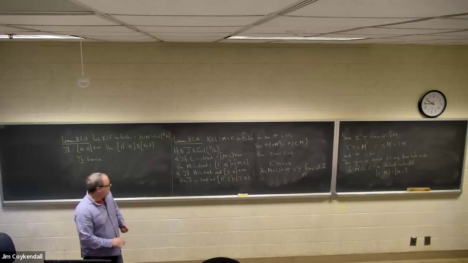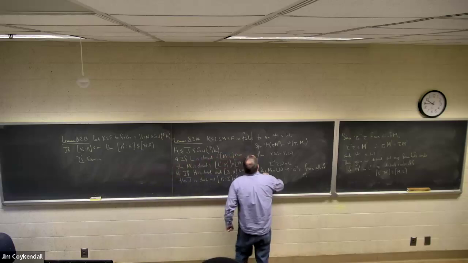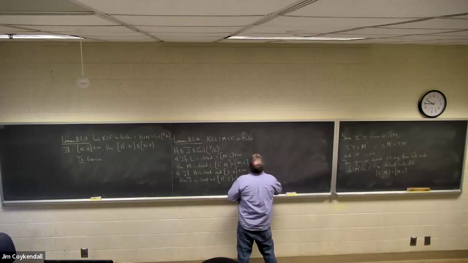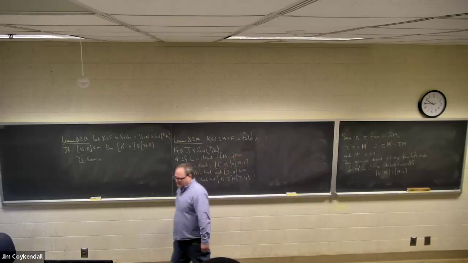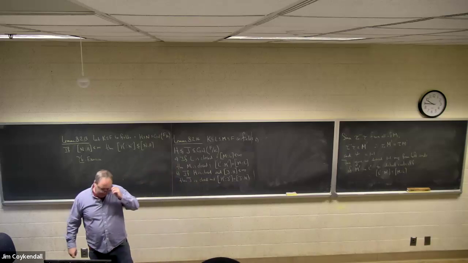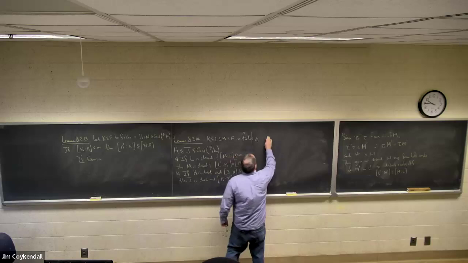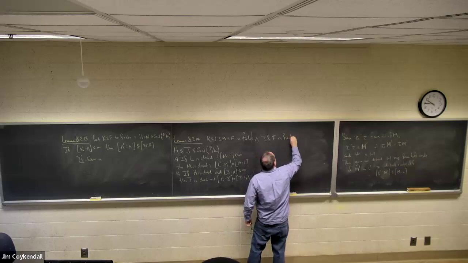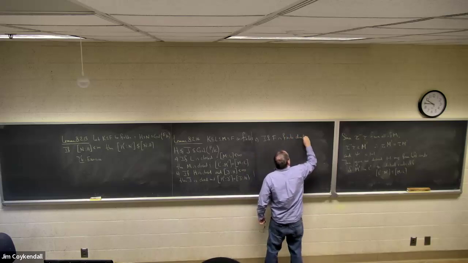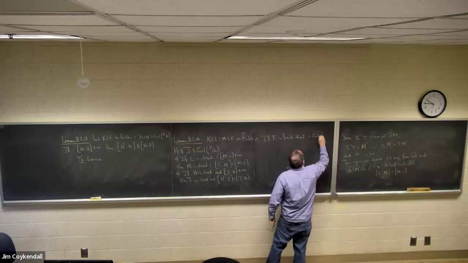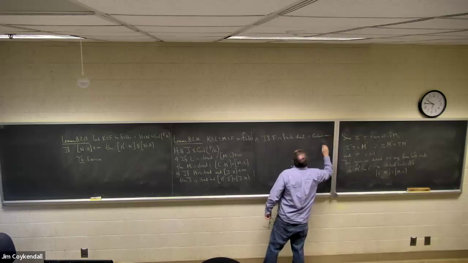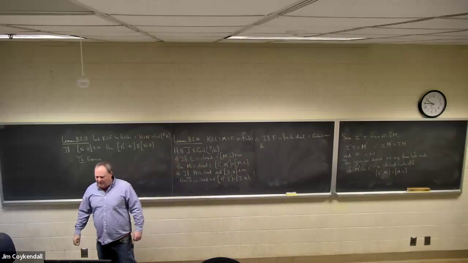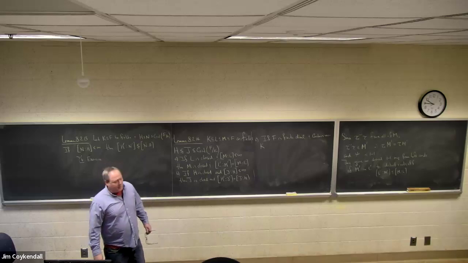And C, if it's finite dimensional and Galois over K, then all intermediate fields and all subgroups of the Galois group are closed.